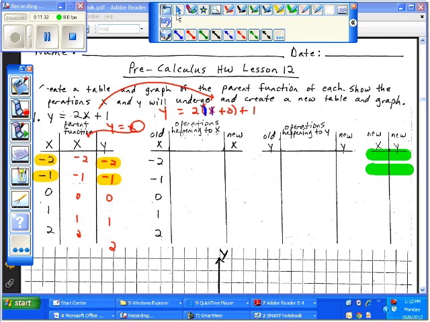What's going to happen to x is what is on the inside of the parenthesis, and it's going to happen in the reverse order of operations. So we would have to undo multiplication and addition, and we would have to undo addition by subtraction first, and then undo multiplication by division second. So what's going to happen to my x is I'm going to subtract 0 and divide by 1.